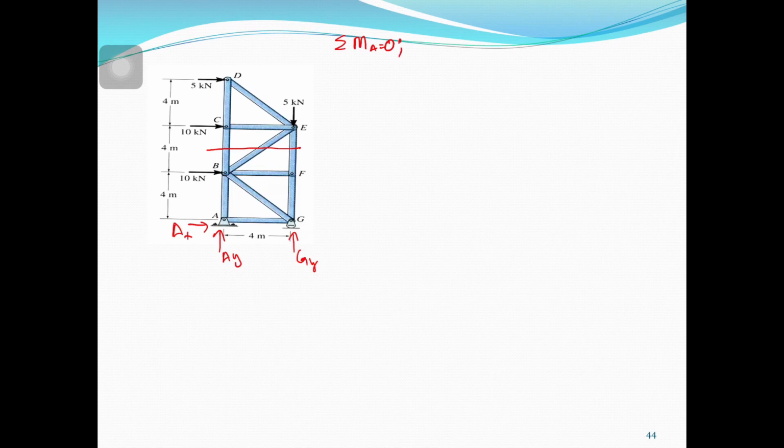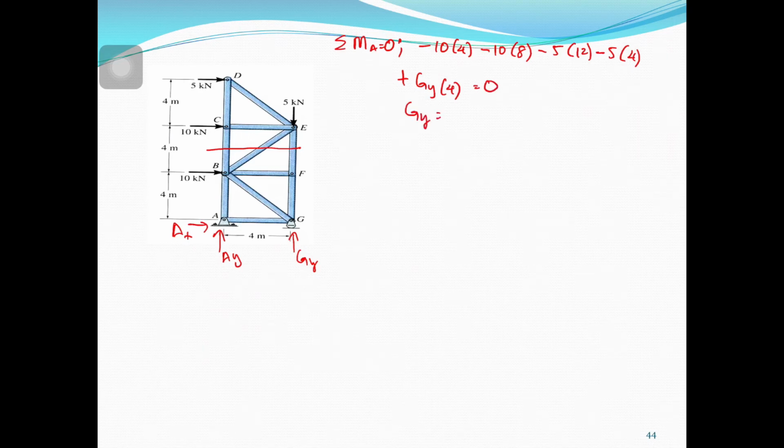You have minus 10 times 4, minus 10 times 8, minus 5 times 12, minus 5 times 4, and then plus Gy times 4, so you have 0.